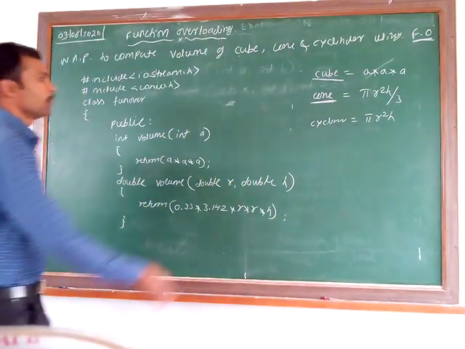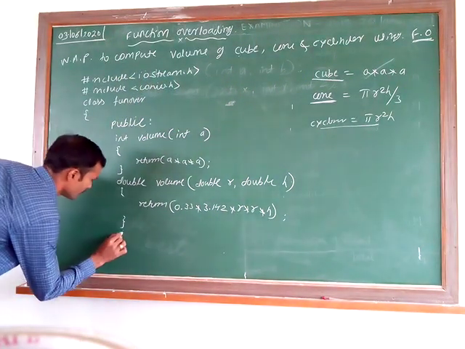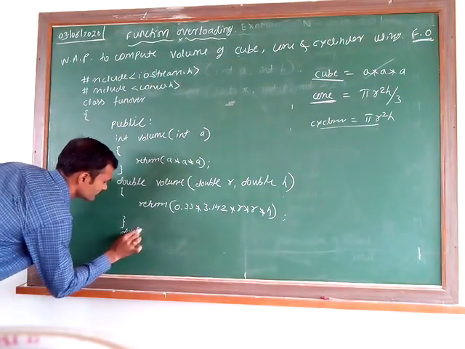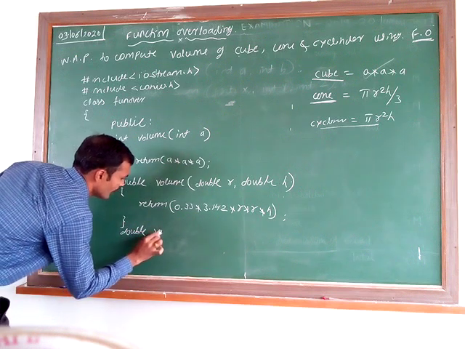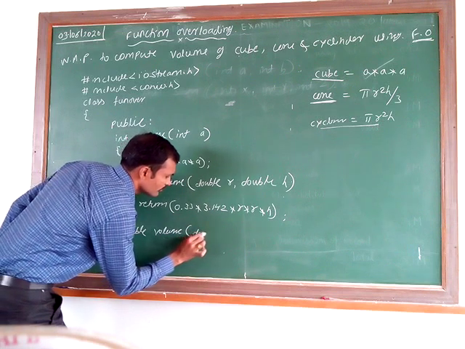Then one more for cylinder. Again I will write double value, double l and int b.